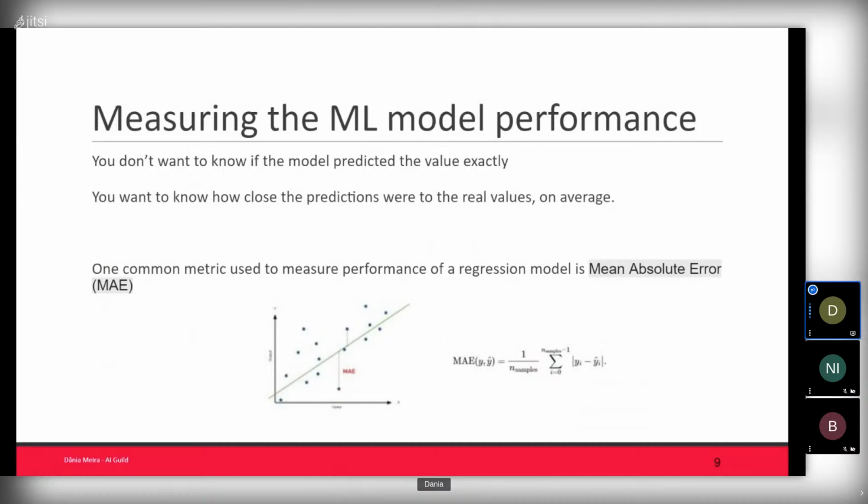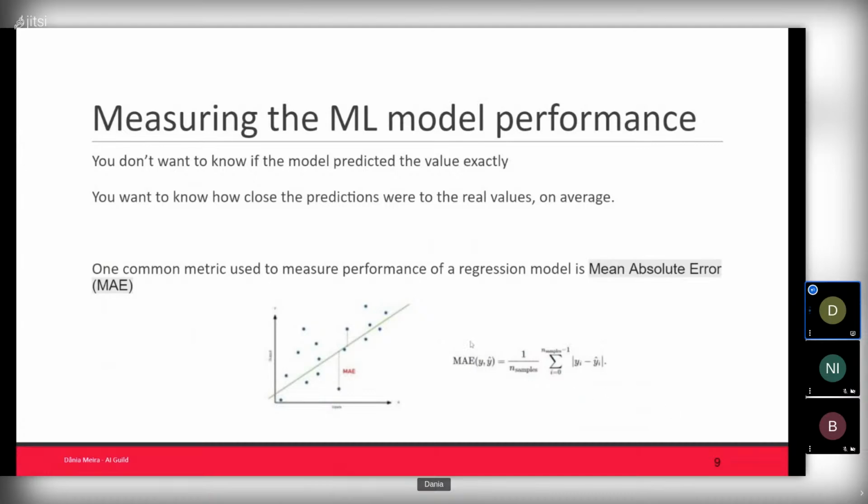So it's not that important that potentially the model predicted a conversion rate that is higher or lower, but we want to know how good on average the predictions were, because we care more about the order or the sorting list of the products. So if the first product is still the first one or the highest conversion rate, then that's good enough. And one common metric that is used to measure performance for regressions is the mean absolute error.